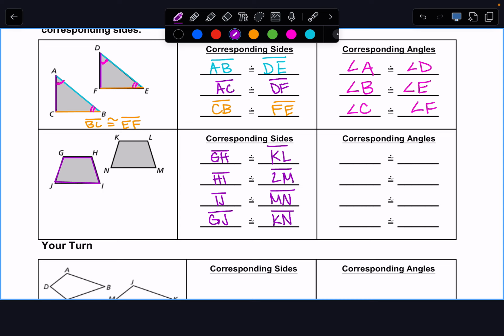Okay, so write down with me, angle G. What does angle G correspond with? Okay, angle K. Write down angle H. What does angle H correspond with?